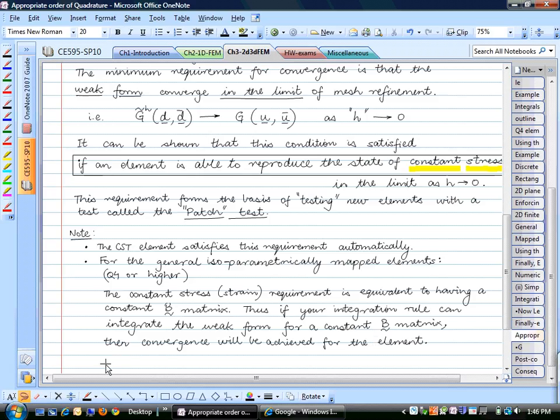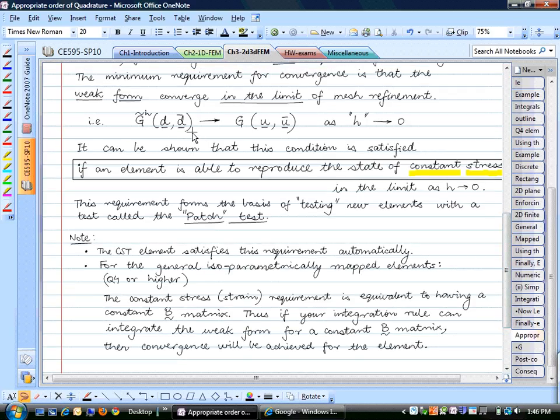So this is the condition that allows you to say that in the limit as h tends to 0, your discretized weak form will approach the continuum weak form. So you can associate this continuum weak form with the exact or the analytical solution, and this as your numerical solution. So keeping in mind that if we can assume that B is constant, how do we integrate it?